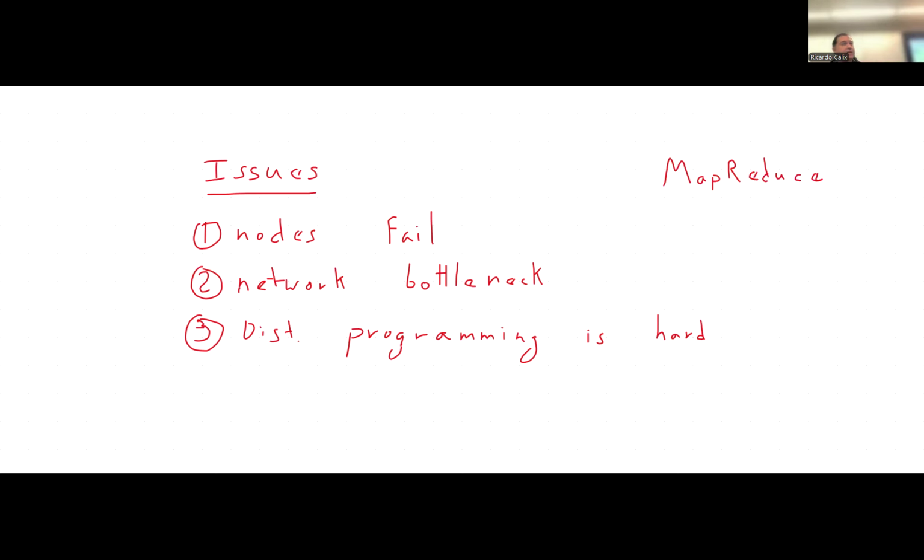All right, so now let's take a look at how MapReduce addresses these three challenges of cluster computing. MapReduce addresses these problems.